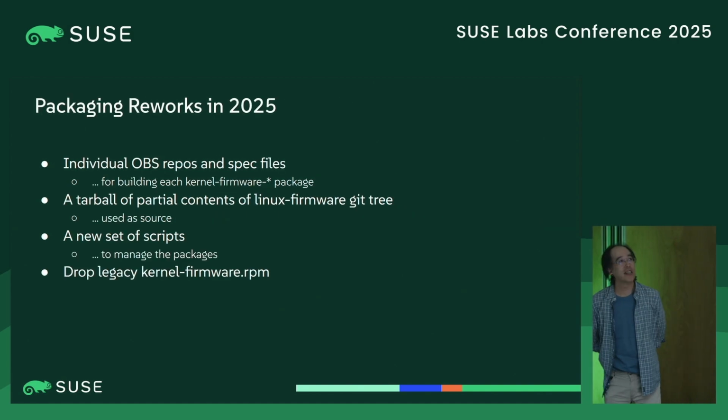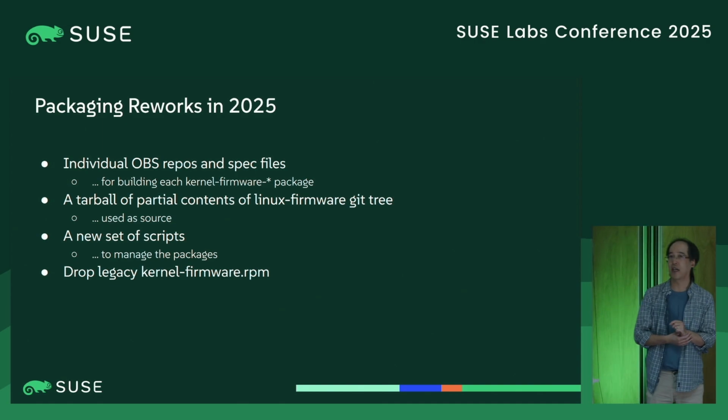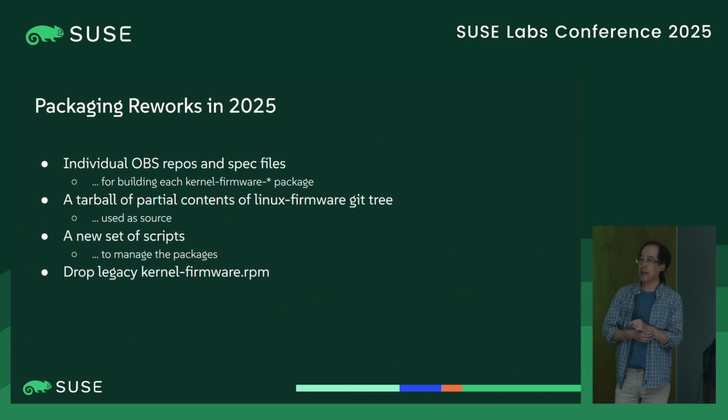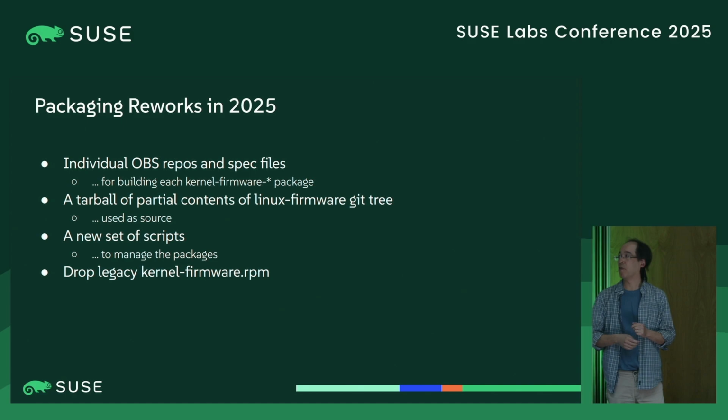So I started again working on the packaging of the Linux firmware kernel-firmware this year. This is the result of what I did. First of all, the former sub-packages that were built from the single spec file are split again and placed in individual OBS repositories and spec files, so that they can be built really individually.